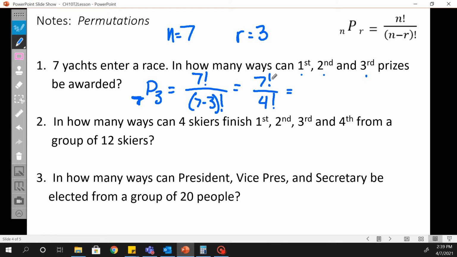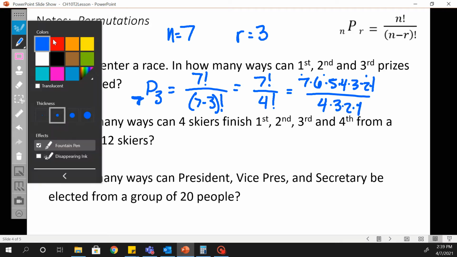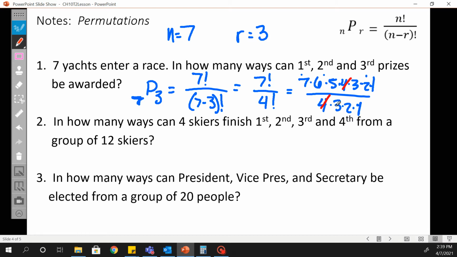You can just put that in the calculator, or you can realize 7 factorial is 7 times 6 times 5 times 4 times 3 times 2 times 1. 4 factorial is 4 times 3 times 2 times 1. 4's cancel, 3's cancel, 2's cancel, 1's cancel. All that you're really left with is 7 times 6 times 5.